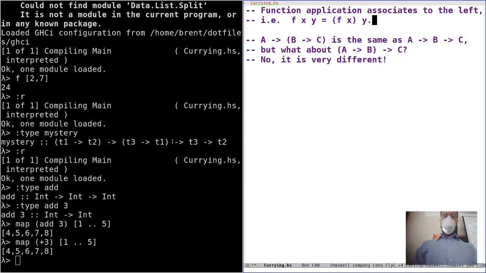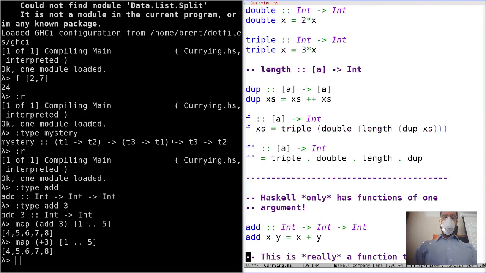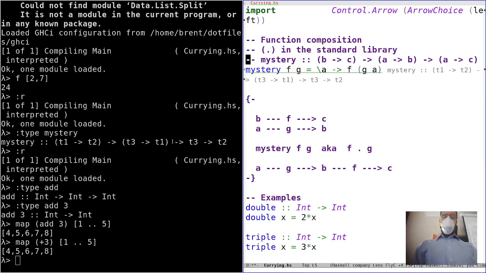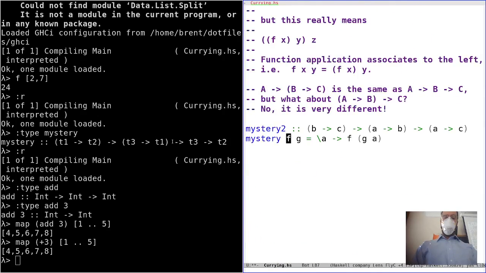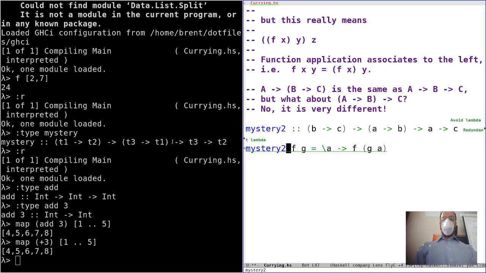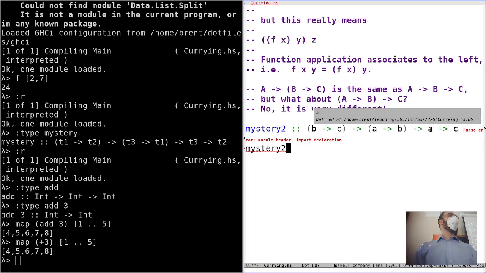And by the way, going back up here, so put it down here, mystery 2, right? So now that we know that I can get rid of those parentheses, and that's okay, that suggests we could think of this as taking 2 arguments and returning a result.